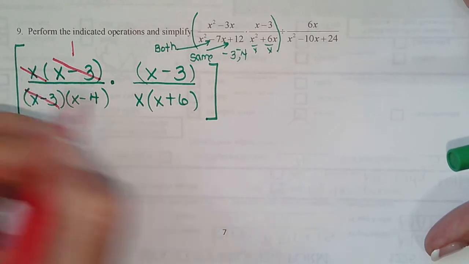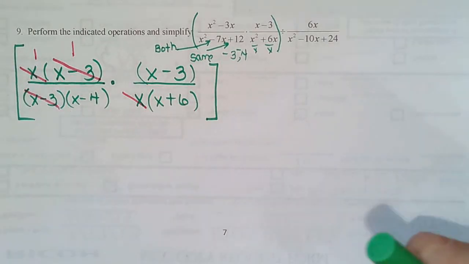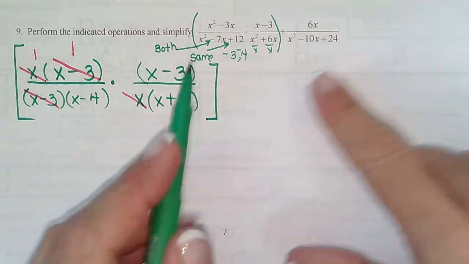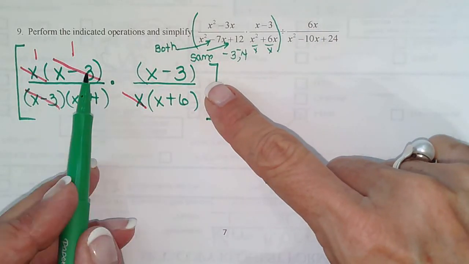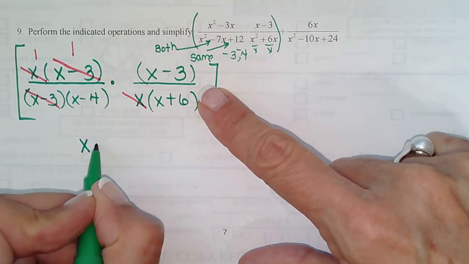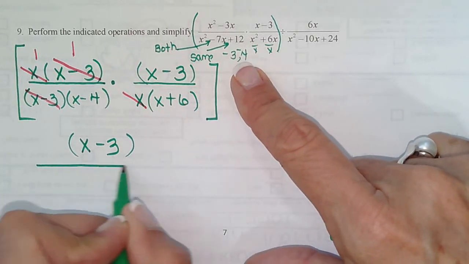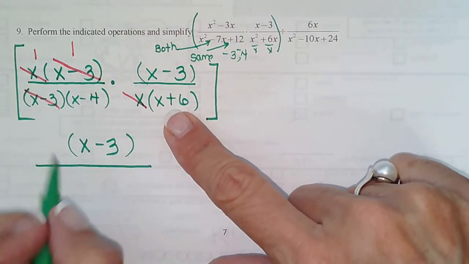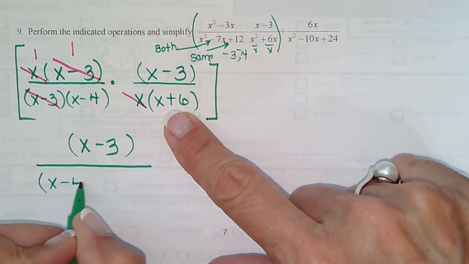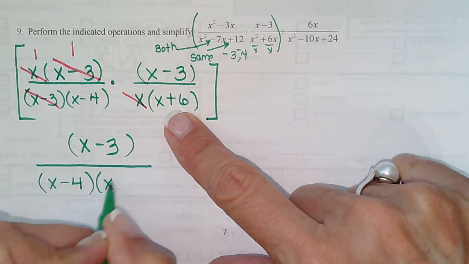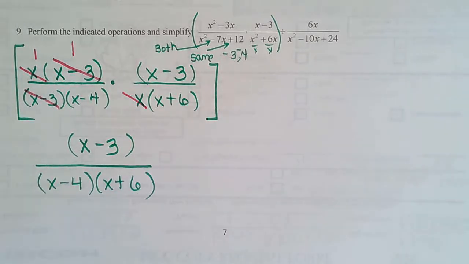And then I have an x divided by x, 1. So what do I have left in that first set? I have 1 times x minus 3 over x minus 4, x plus 6. So first parentheses done and ready.